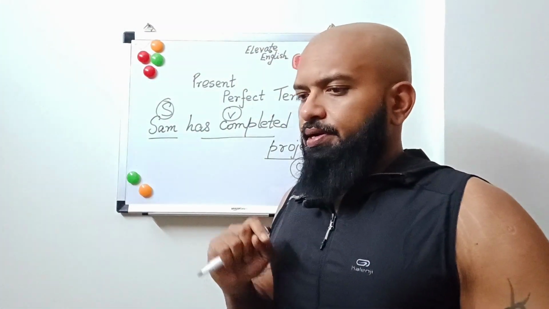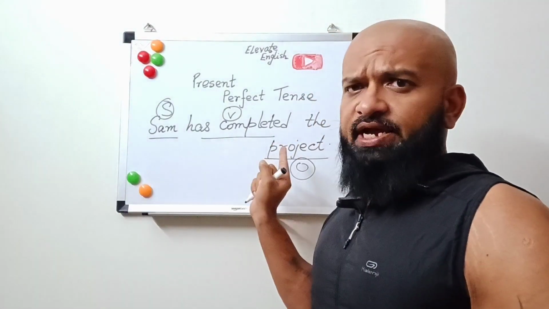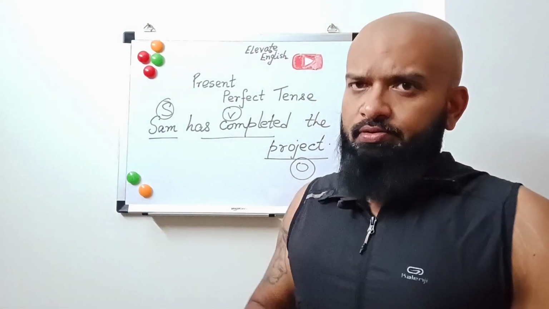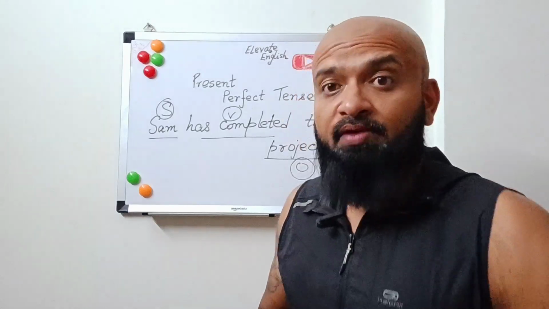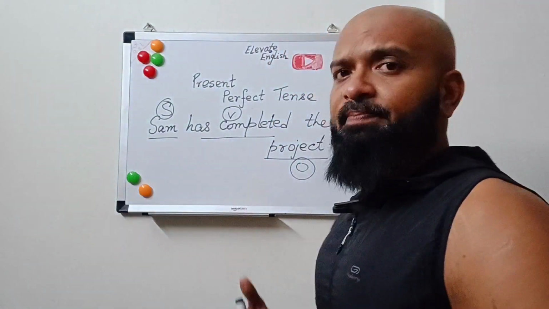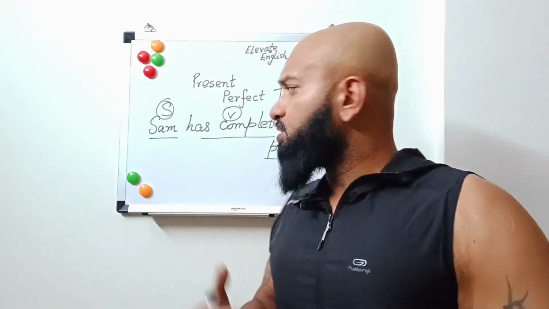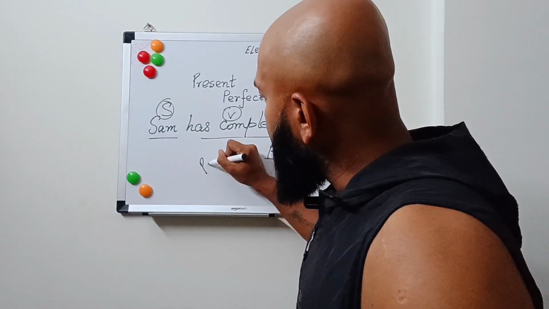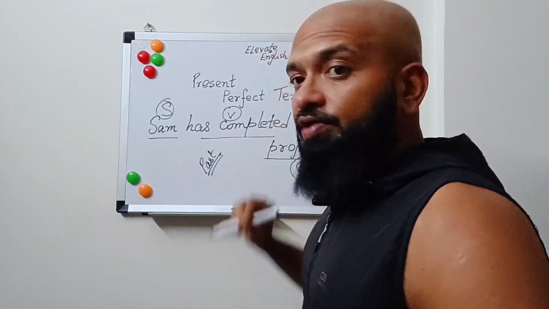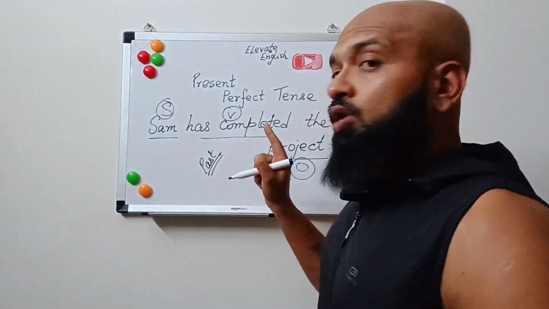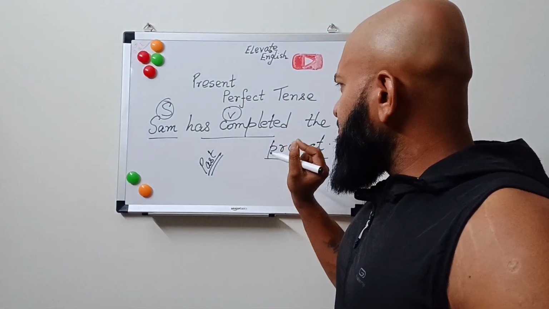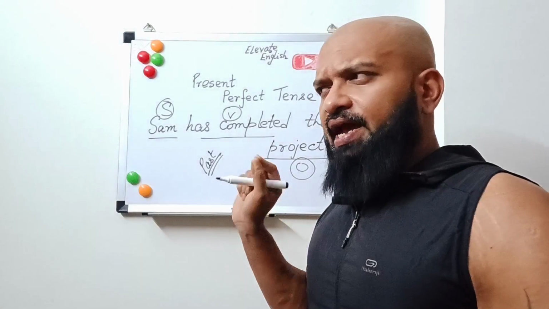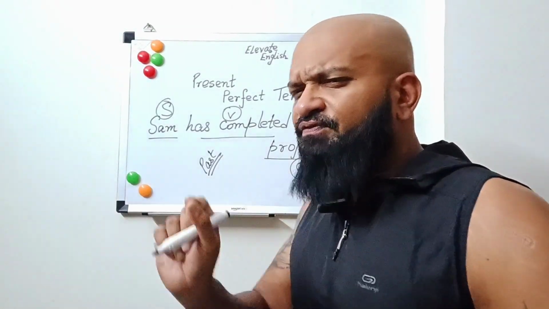Now, is this project already over? Very good. Yes, of course, it's in the past. It has got nothing to do with the present. It's already done and dusted, so it's over. So the project is over and it's over in the past. Did Sam complete this project at a time before now?